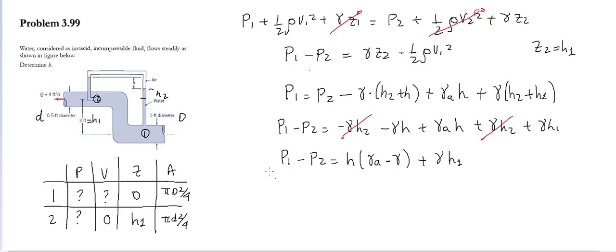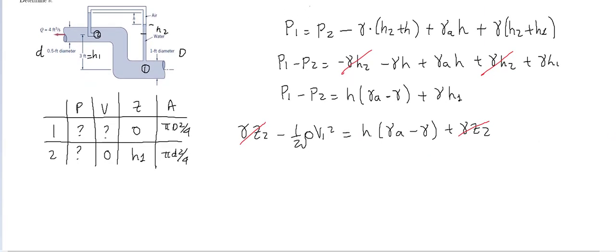So physically, we know that the pressure differences using Bernoulli and using hydrostatic pressure are the same, so we could make these two equations equal to each other. So we said gamma Z2 minus 1/2 rho V1 squared has to be equal to H times gamma of air minus gamma of water plus gamma H1, and as we said, gamma H1 is equal to gamma Z2. So notice that in this equation, both of these quantities cancel out.